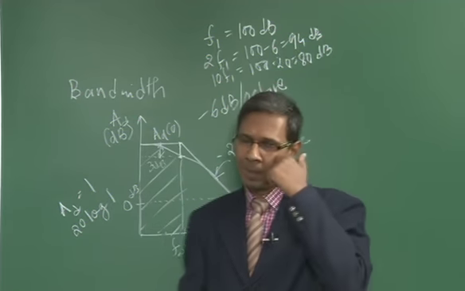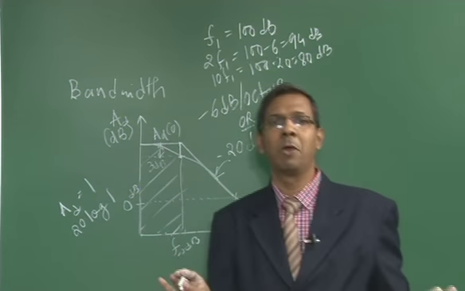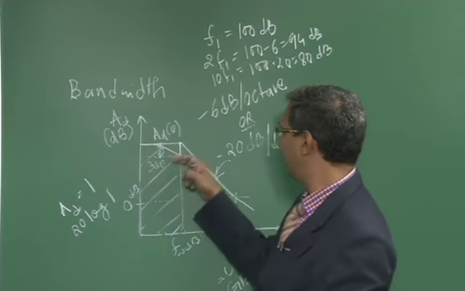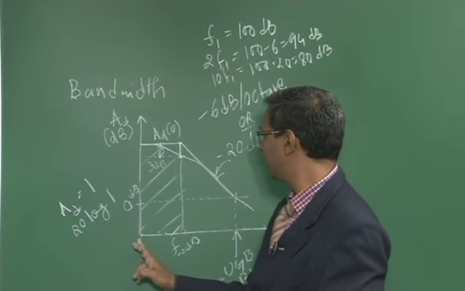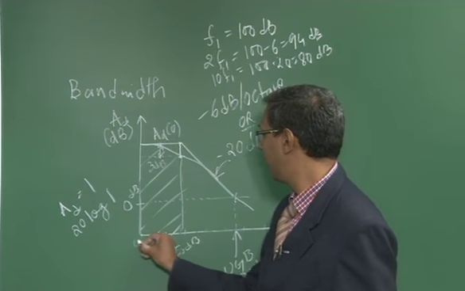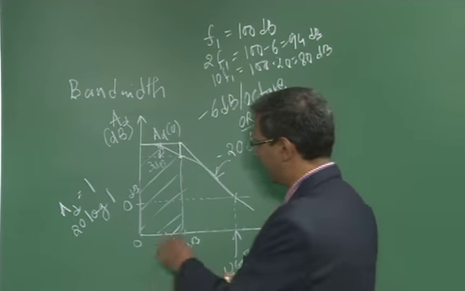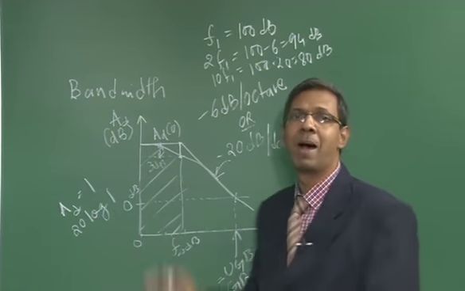I can suffer a gain loss up to 3 dB, but nothing beyond that. That means I can use my op-amp all the way from 0, that is DC, to the f minus 3 dB frequency. So this is called the bandwidth of an amplifier.